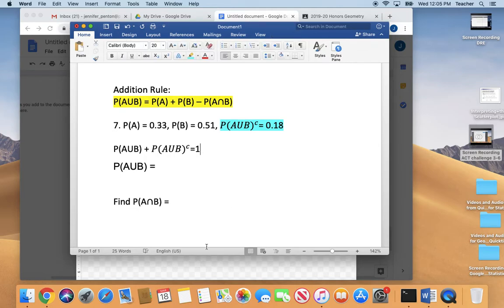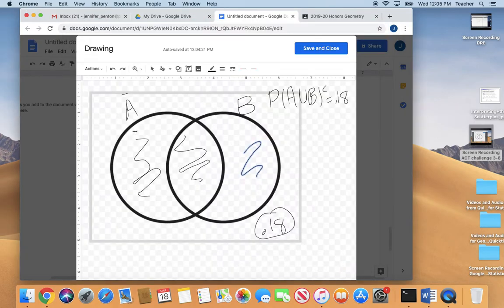And that should make sense, because if you look back here at your Venn diagram real quick, the probability of A or B, which is this, and this together, and its complement, the outside part, the total probabilities in a Venn diagram should always be 1.